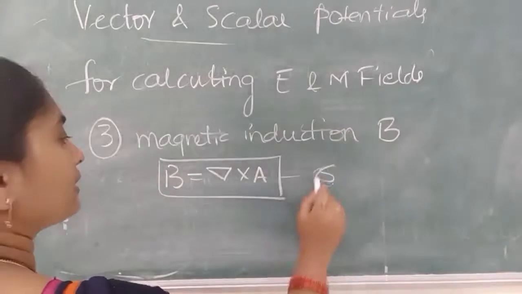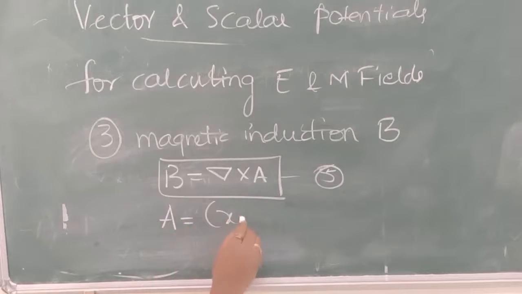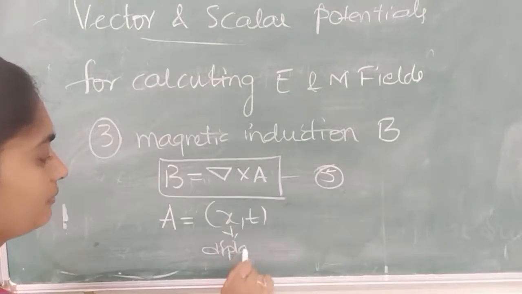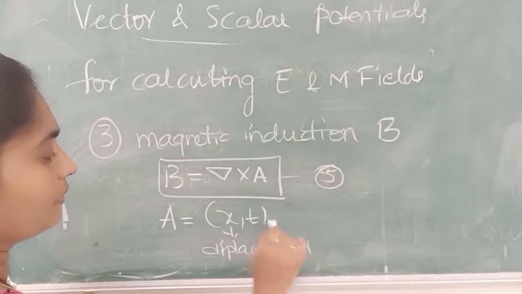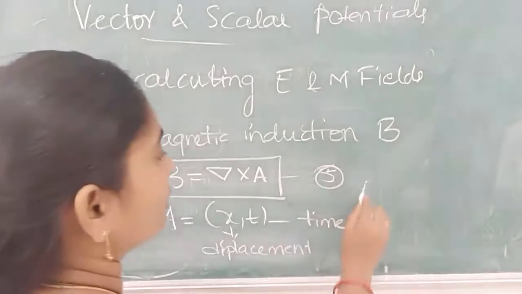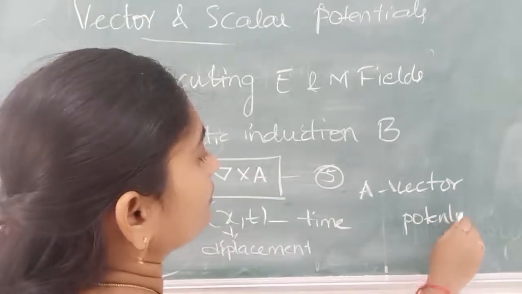Thus I am writing it as equation 5. I am considering magnetic induction B is equal to del cross A, where A is a function of x comma t, where x is the displacement and t is the time. This A is called the vector potential.